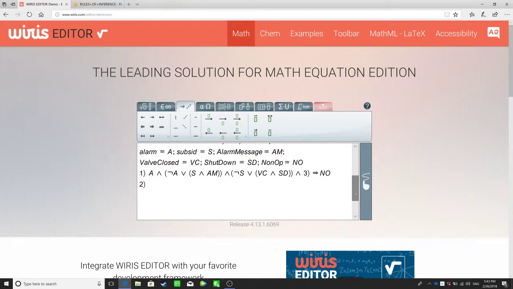This negation A and A, we saw that. We saw S, and a negation S, something like that.